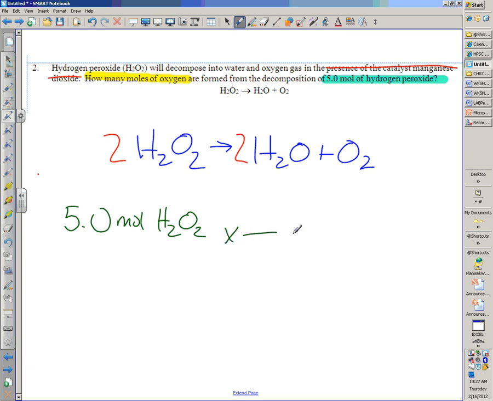Next, times sign, fraction bar. What unit has to go on the bottom of this conversion factor? Moles of hydrogen peroxide has to go on the bottom. Then what has to go on the top? Moles of oxygen have to go on the top.